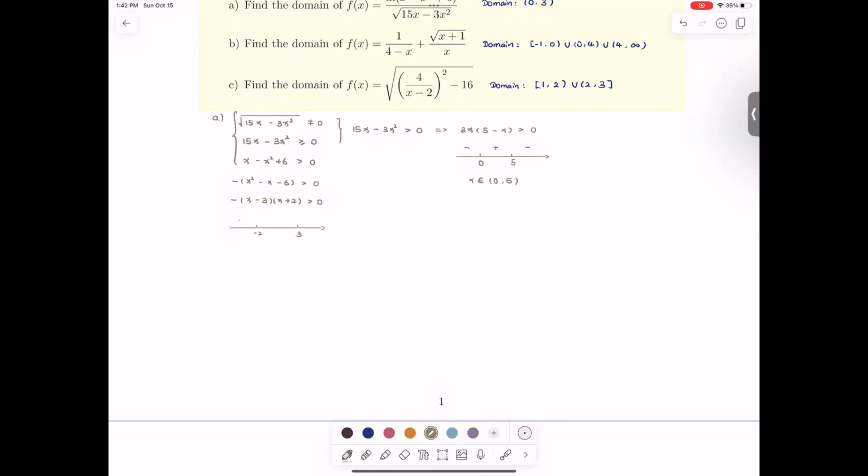So 3 negatives will give you negative. When x is, let's say, 0, you have a positive number. When x is bigger than 3, for example, 5, you have a negative number. So for the whole expression to be greater than 0, we pick in between those two numbers. So from this expression, we have x is in between negative 2 and 3.